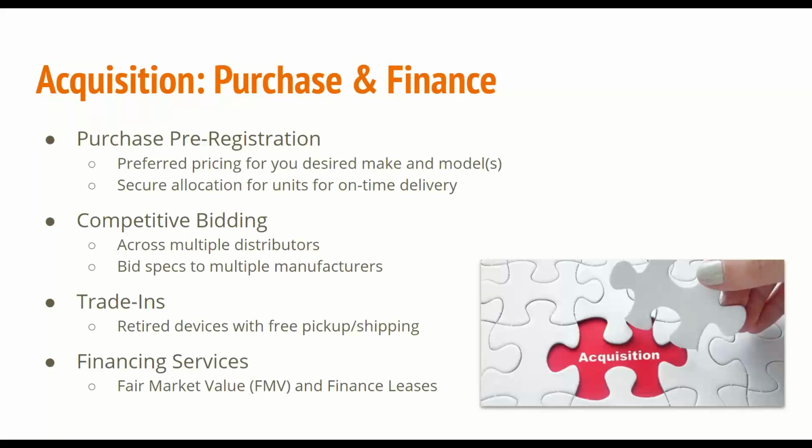Another thing that you can do is competitive bidding. Again, if you know your make and model, there are multiple distributors. Each of them has their own relationship with the manufacturers. So when you work with a partner that works with multiple distributors, as we do, though many don't, we're happy to bid that across the multiple distributors to see which can have the best pricing.